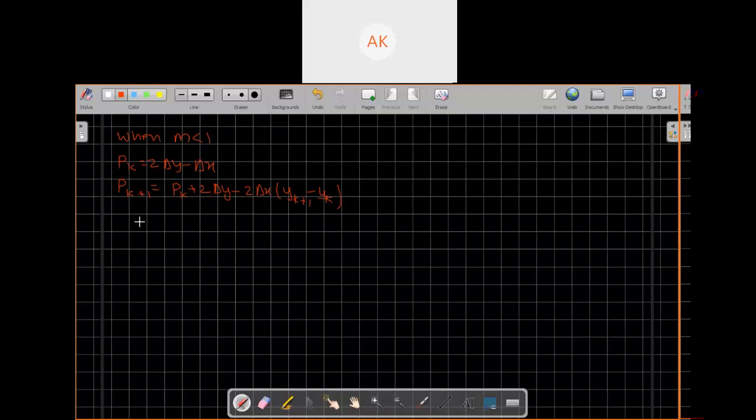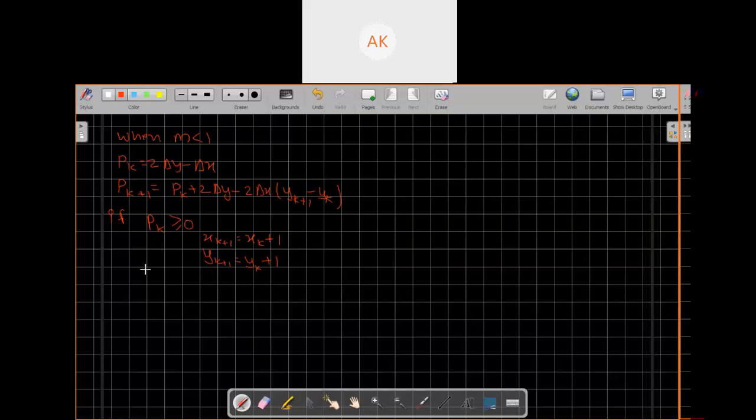And we also know that if your pk is greater than 0, meaning a positive value, then your xk plus 1 will be xk plus 1, meaning x is moving with unit interval, and the corresponding yk plus 1 will be yk plus 1. We will select the next interval of y, as you know.